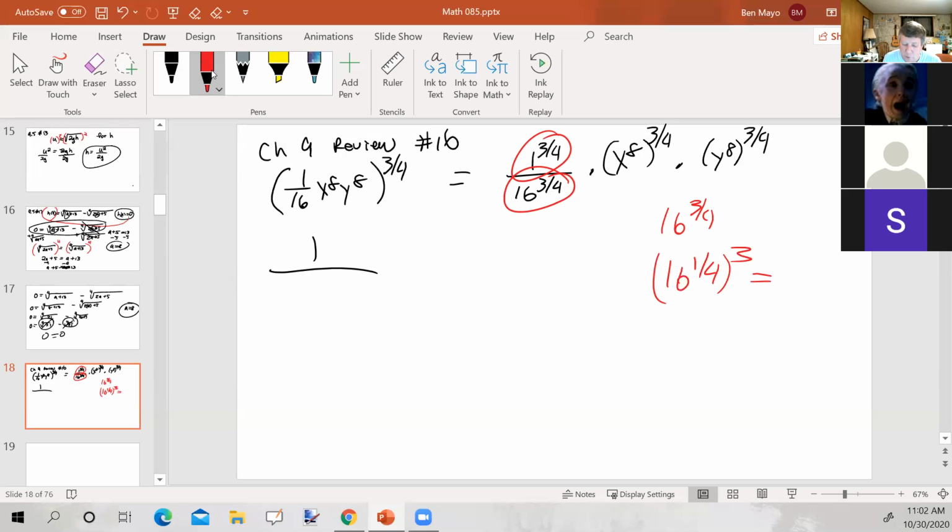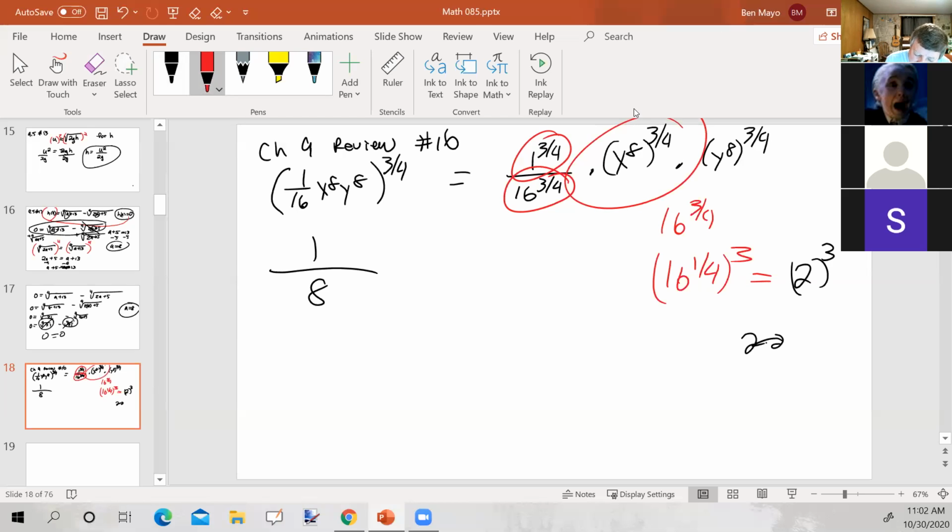What's the 4th root of 16? 4 times 4 times 4 times 4 would be too big, but 2. 2 times 2 is 4 times 2 is 8 times 2 is 16. So it's 2. And then cubed would be 8. Okay? You see that? Yeah, makes sense.